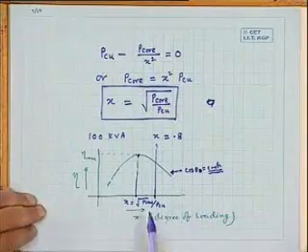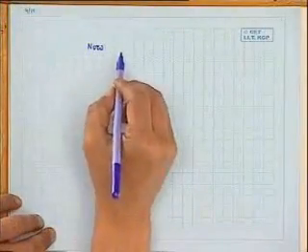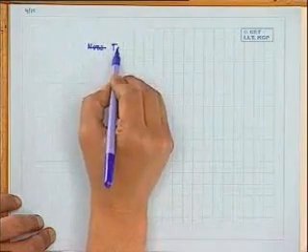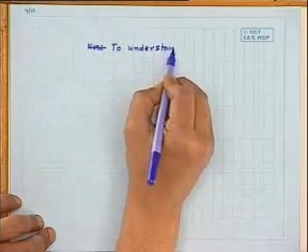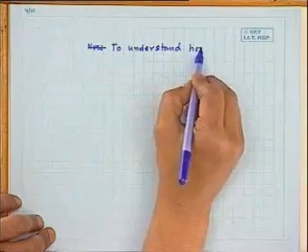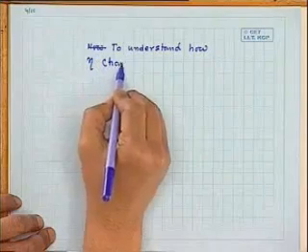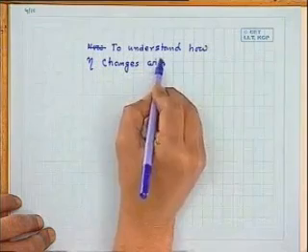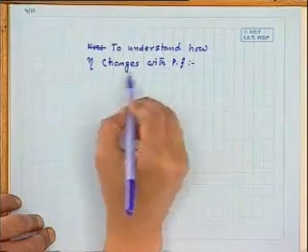That is what I mean to say. The title should be to understand how eta changes with power factor. That constant I will remove now.